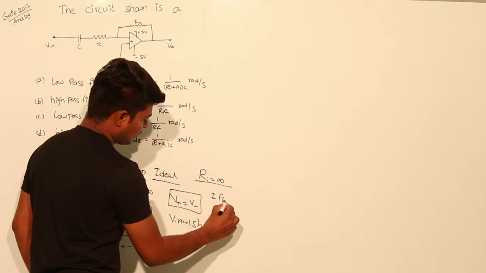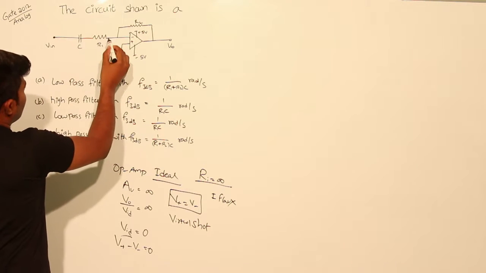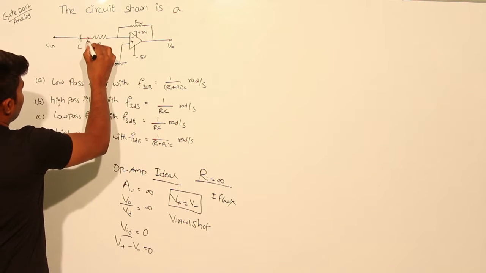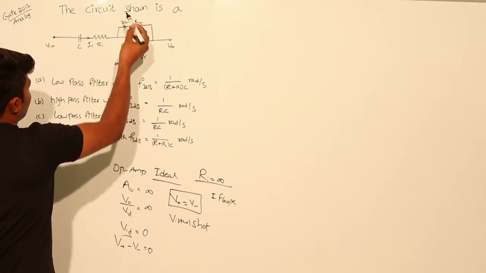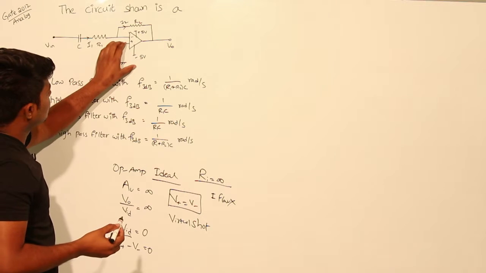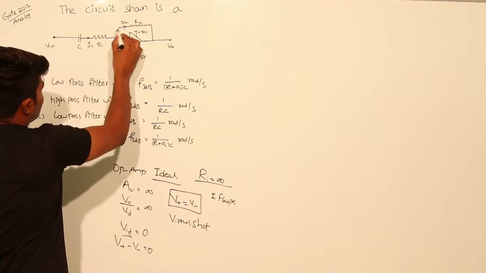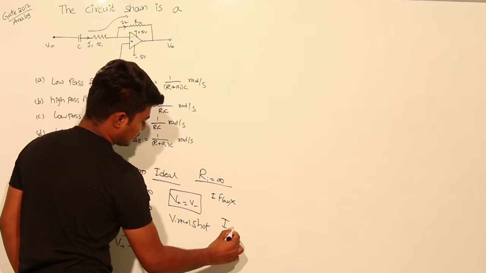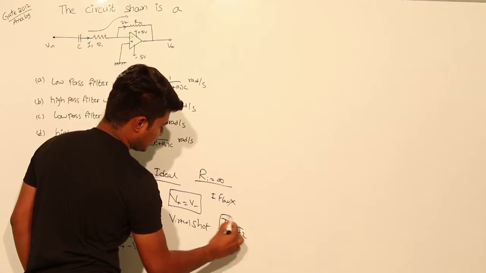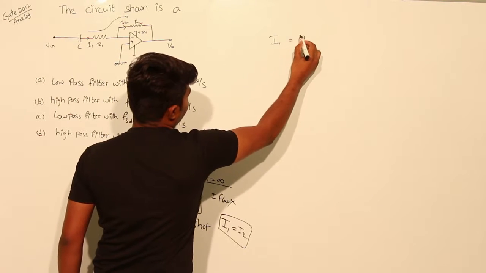If you observe here, this is the current I1, and this is the current I2. Since no current flows through the op amp, I1 is equal to I2, because all the current flows in this direction only. So I1 is equal to I2.